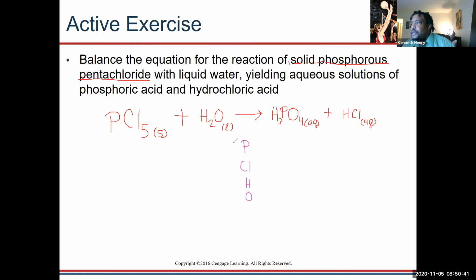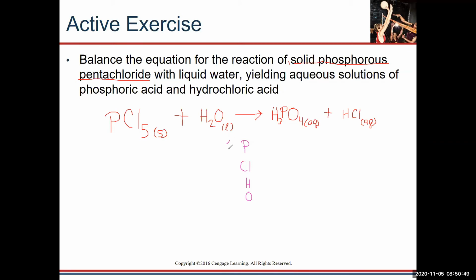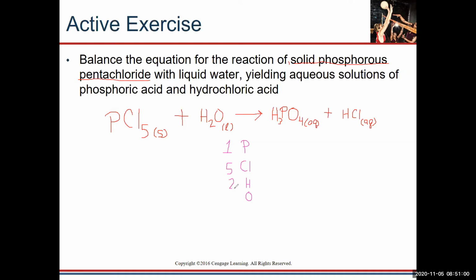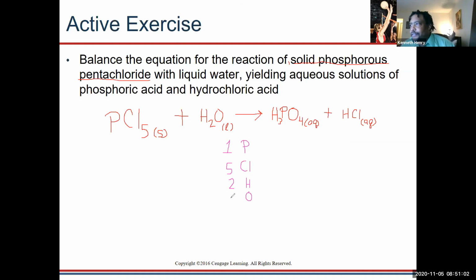No. So how many phosphorus do I have on the reactant side? 1. How many chlorine do I have on the reactant side? 5. How many hydrogens do I have on the reactant side? 2. How many oxygens do I have on the reactant side? 1.